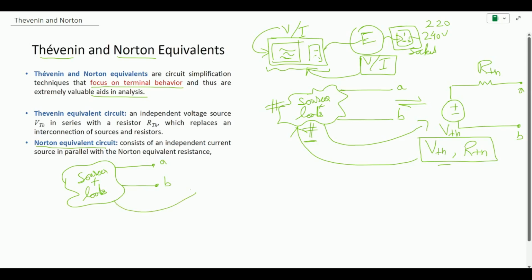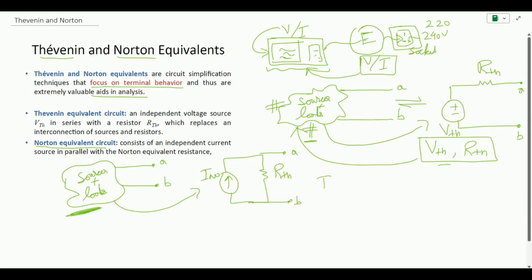These loads can be represented by a single current source connected to a single resistor, and again we have these terminal values A and B. This will be the R Thevenin, the same resistor, and this will be the Norton current, which gives us a sense of all the elements being utilized in this complex network.